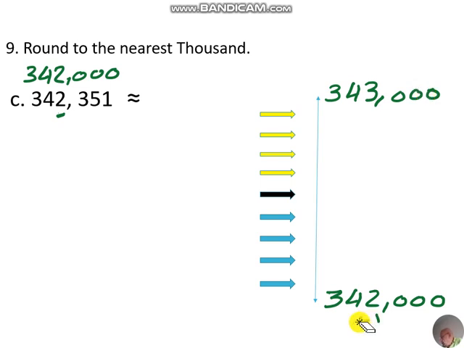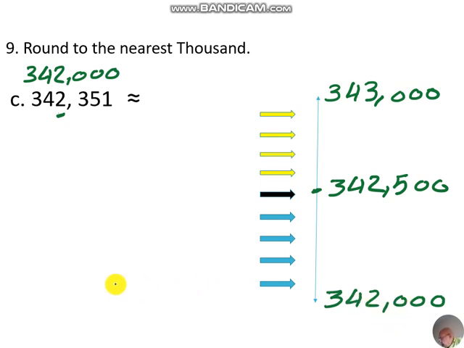To find the midpoint, I take the first 0 here, I change it to 5, and I write everything else. This is 342,500. This is the midpoint here. Because the difference between them is 1,000, I go by 100.